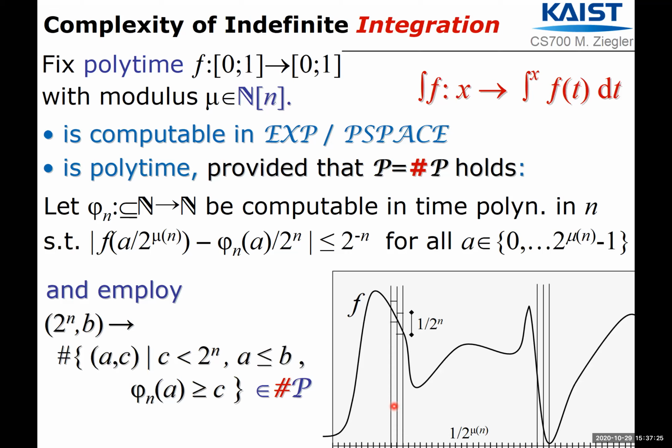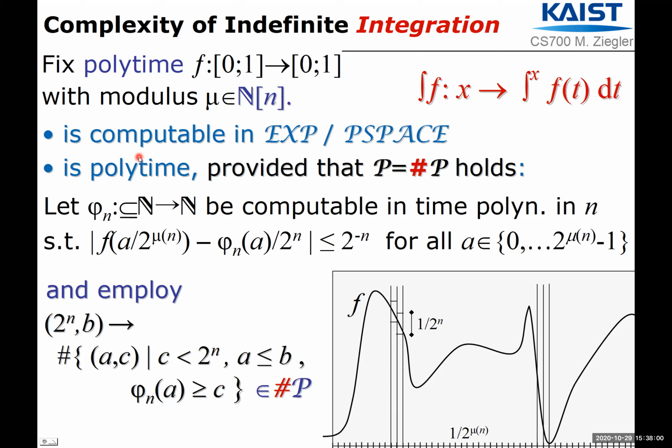And again, this works in polynomial space because of the hypothesis that the modulus of continuity, which governs the width and the number of subintervals, is required to be a polynomial in n. So if the modulus of continuity were larger, were exponential, then we couldn't do this in polynomial space. But since we have a polynomial time computable function, by one of our characterizations we know that its modulus of continuity is at most polynomial.